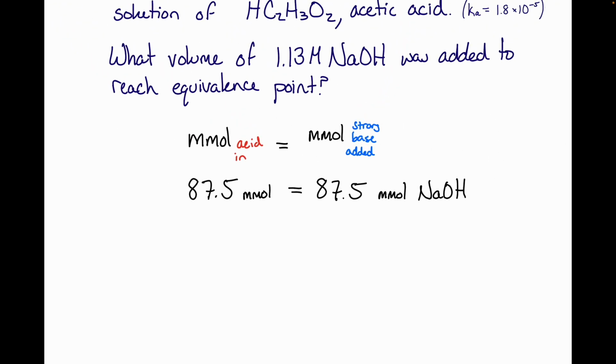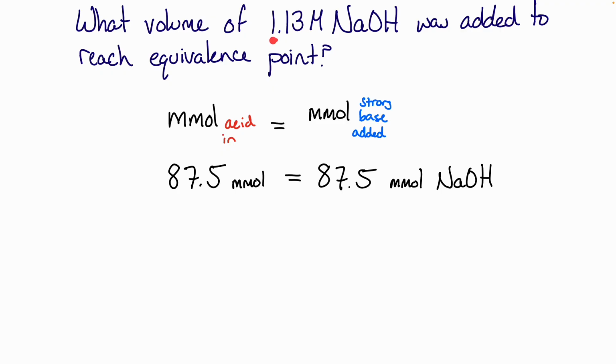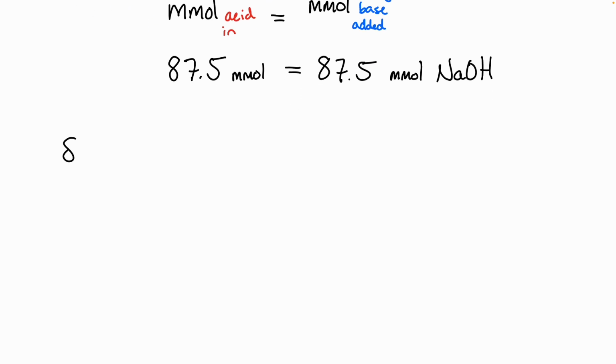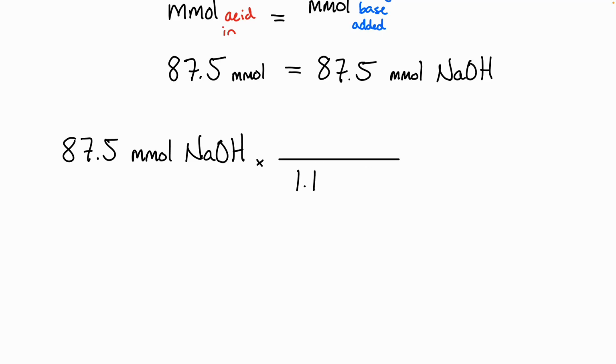All right, so I know how many moles I need, and I have my concentration, which lets me jump from units of moles to liters, or liters to moles. So we're going to take our 87.5 millimoles of our NaOH, and we're going to divide it by that 1.13 moles of NaOH in 1 liter.